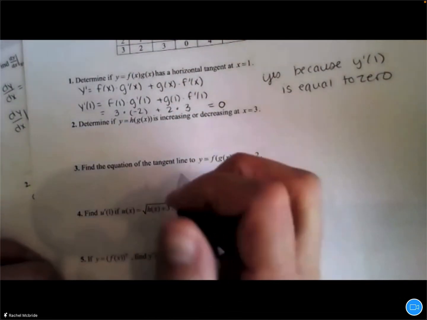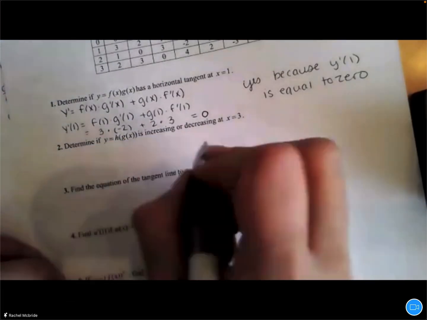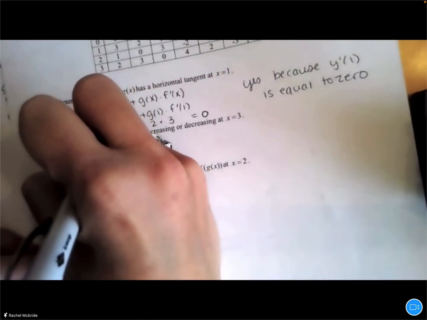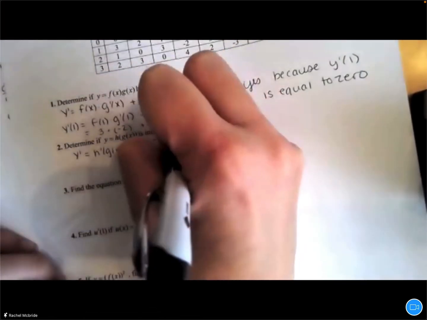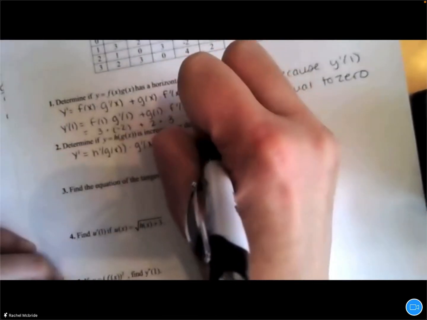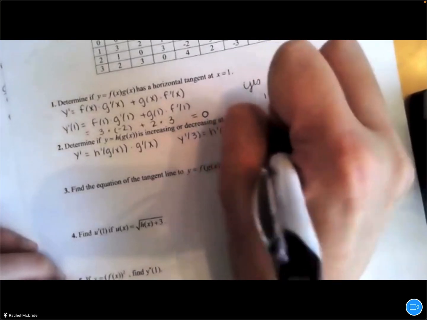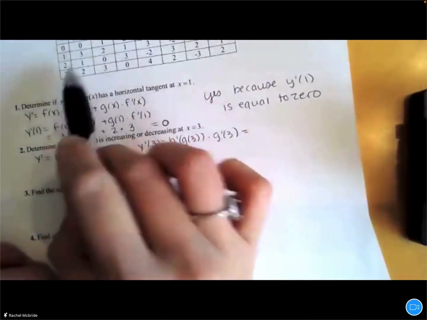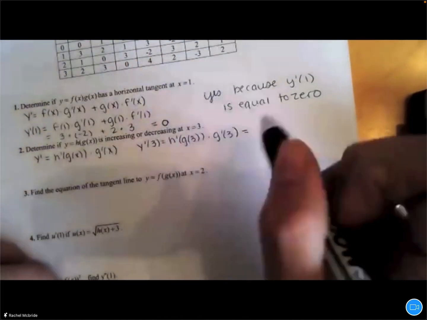Number 2, determine if it is decreasing or increasing at 3. So once again, find our y prime. Then we're going to find our y prime at 3. So g of 3 is 3. H prime of 3 is negative 3.